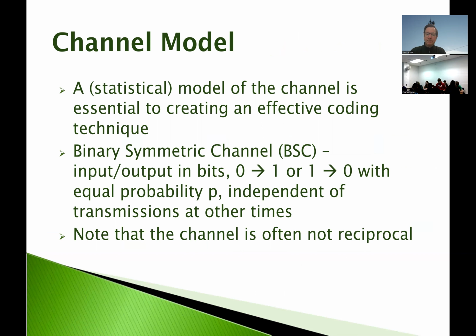And that's what we mean by symmetric, in that the probability of changing a 0 to a 1 is the same as the probability of changing a 1 to a 0. And note that the channel is often not reciprocal.